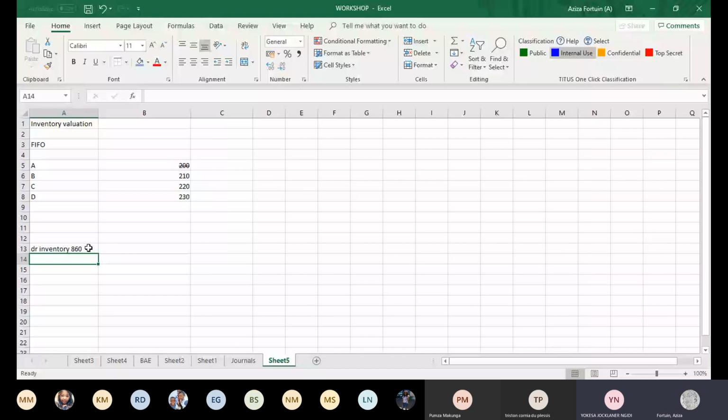I can, for example, put it that way? Yes. And then that's going to be debited with the 860, and then the trade receivables, payables, sorry. Trade payables, and that will be credited with 860.